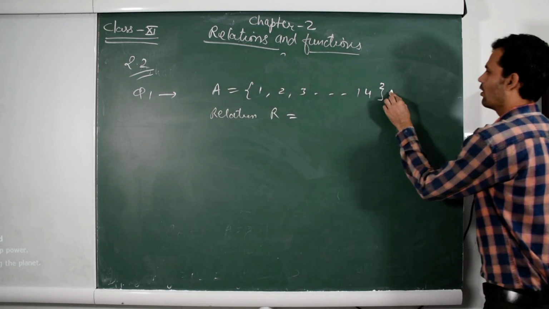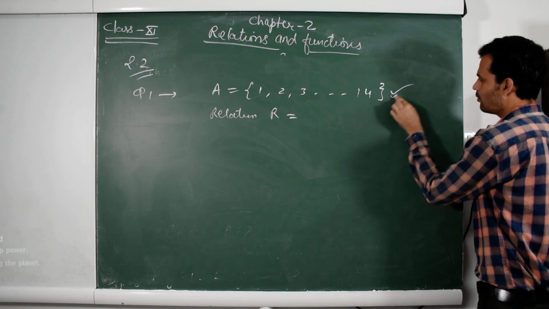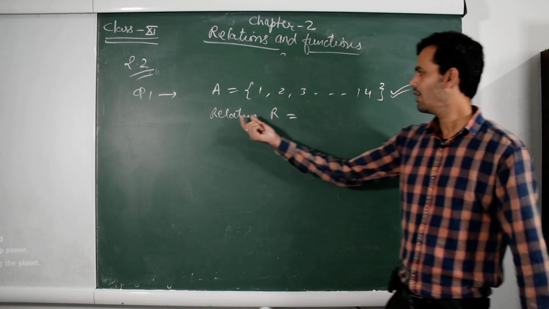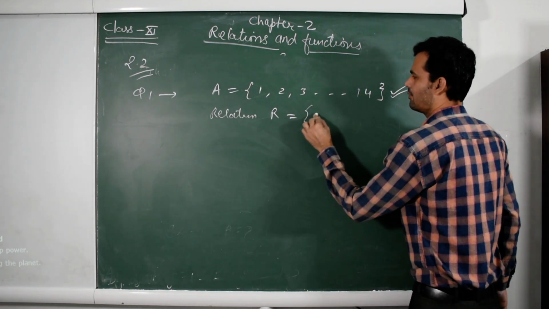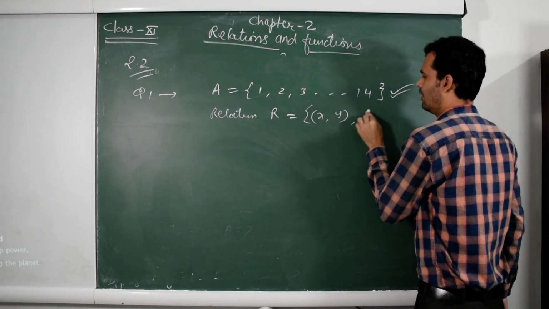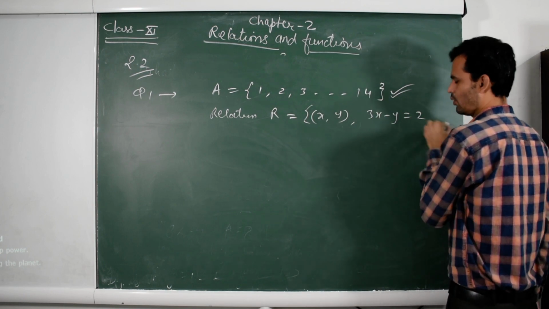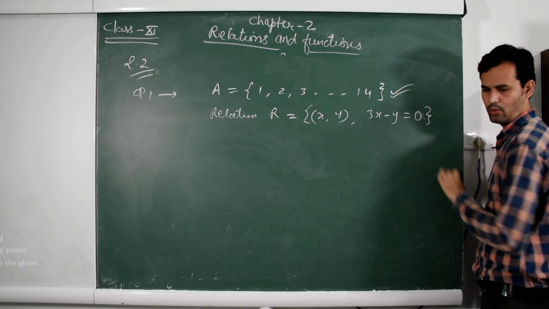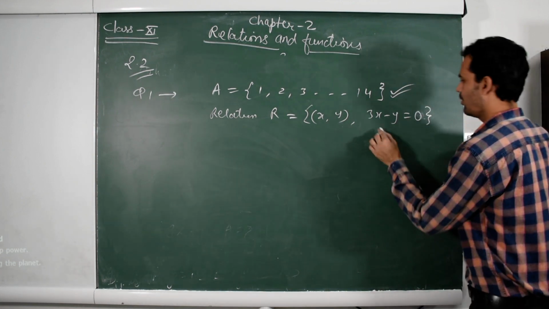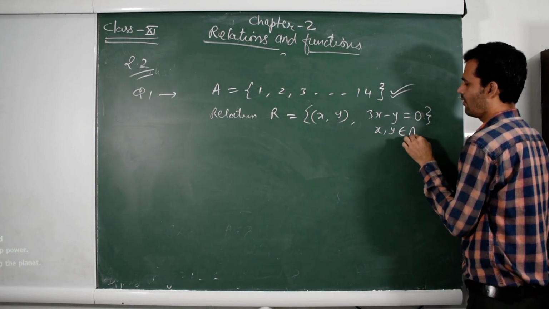It means domain is A and codomain is also A, and relation R is given as {(x, y): 3x - y = 0, and x, y belong to A}.